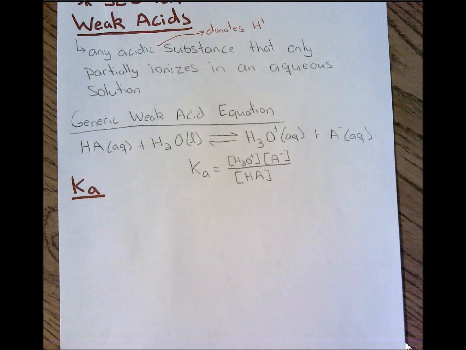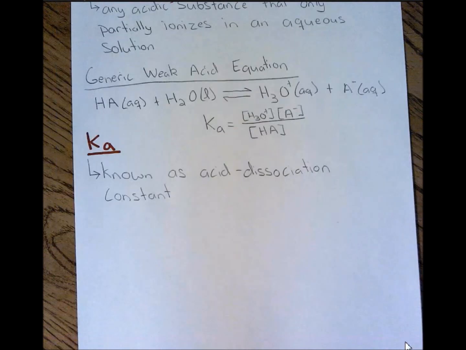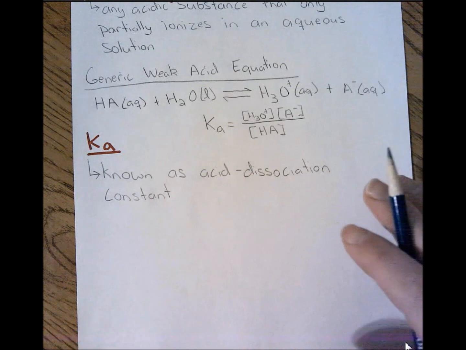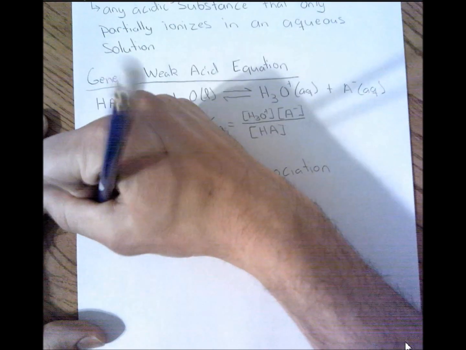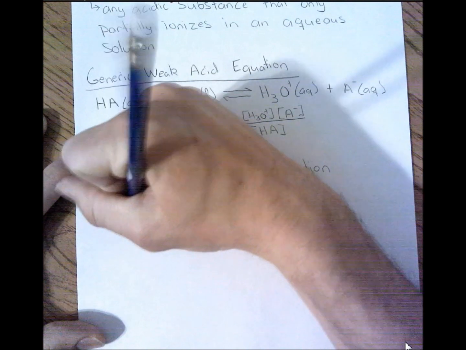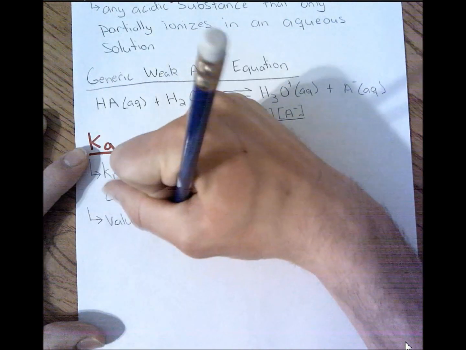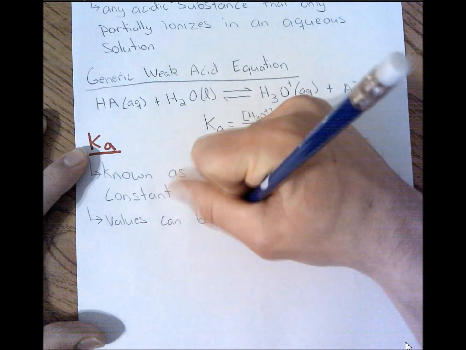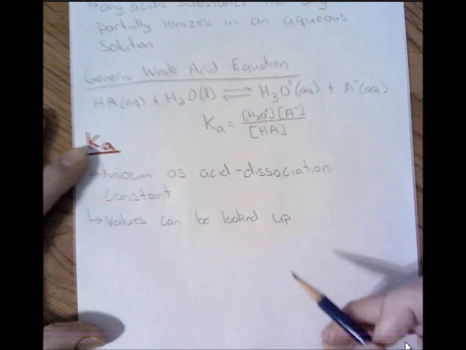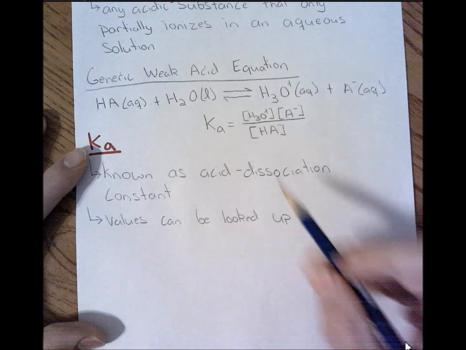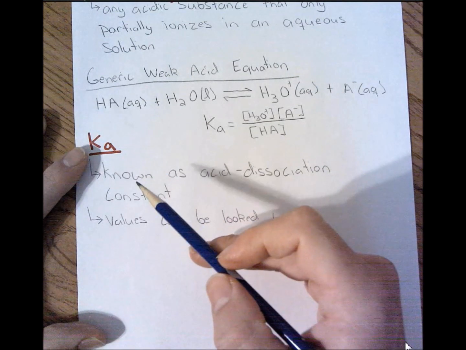All right, so again, Ka is an acid dissociation constant, and these values can be looked up. There are charts, and there are charts in the back of your textbooks that show the exact Ka value for a particular weak acid. Now, there are two generic types of Ka.